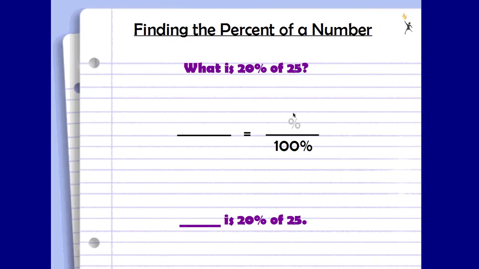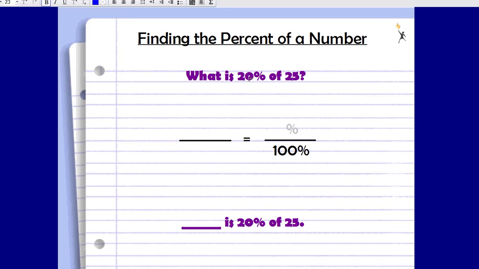Let's try another one. What is 20% of 25? So we're going to set up our proportion. We're not going to fill in any of the parts yet except for the 100%, because we know that will never change. That will always be 100. Now take a look at the information you're given. What is 20%?